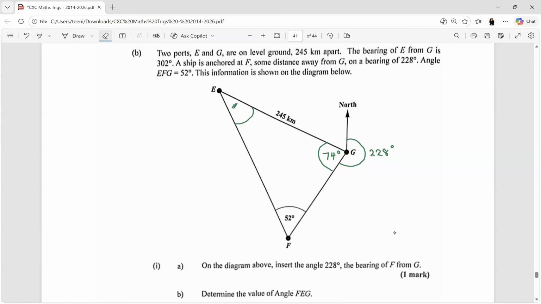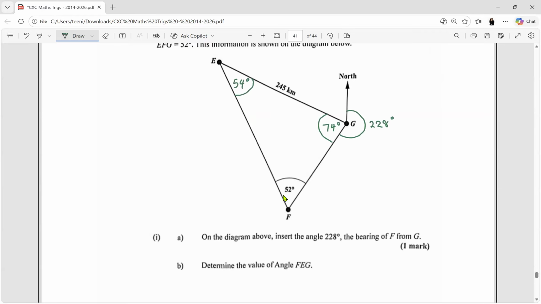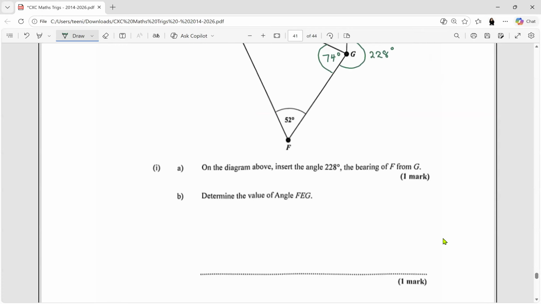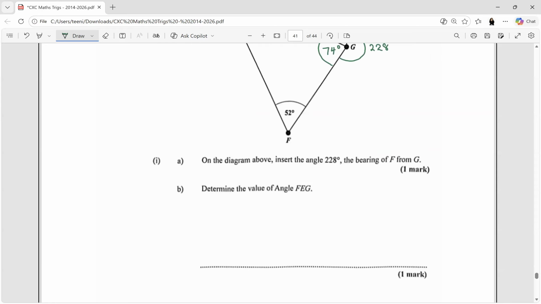So you minus that 126 from the 180 and tell me what it is. 54 degrees. Yeah, right? So the angles within the triangle add up to 180. So if you have two angles, you just find the sum of it and minus it from 180. So angle FEG, which is the second part of this question, is 54 degrees. And we got it because we said 180 take away 74 plus 52.